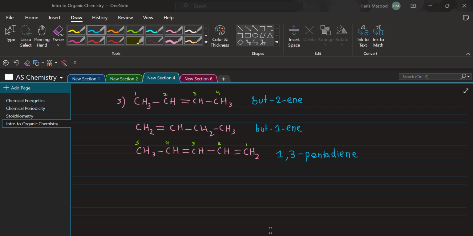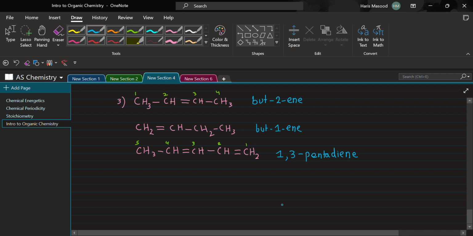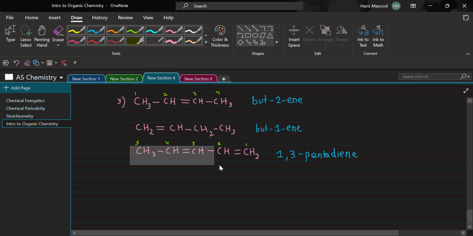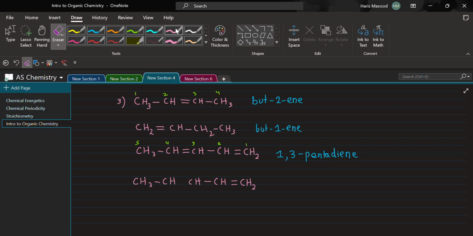Okay, next, one more case: if I now add a branch. I'll take this compound, copy it, and I'm just removing the single bond one.